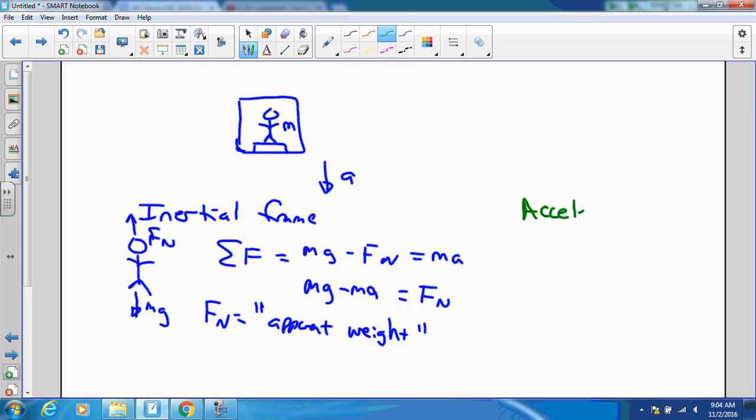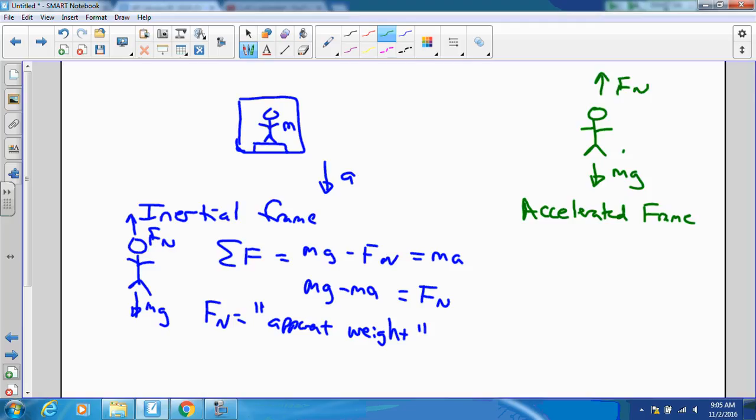If we come back and do this analysis in the accelerated frame of the elevator, then we're going to end up with the same equation, but for a different reason. Because now my free body diagram looks like this. We're going to have mg pulling down on the man.